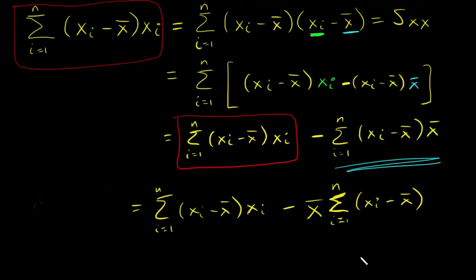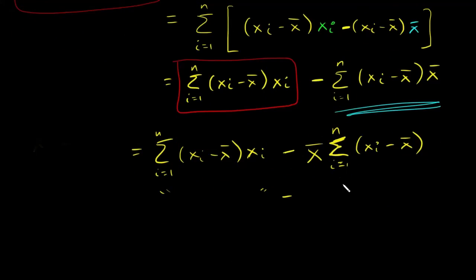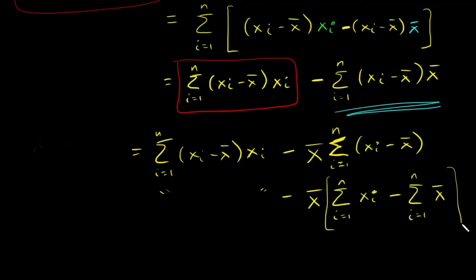Okay. So this first piece stays the same, so I'm not going to keep writing it for every step. But now I have, again, a sum of a difference. So I can write this as the sum from i equals 1 to n of xi, minus the sum from i equals 1 to n of x bar.